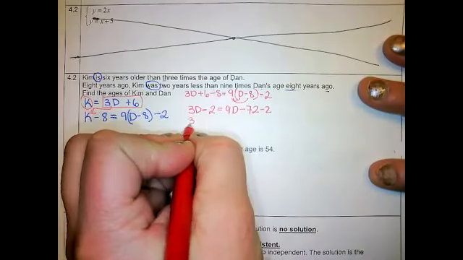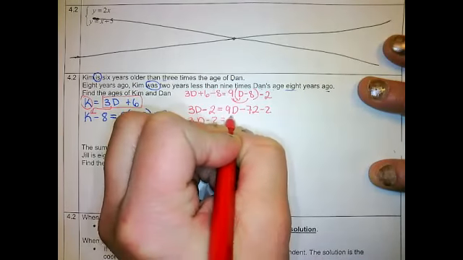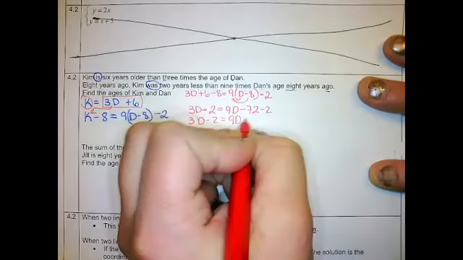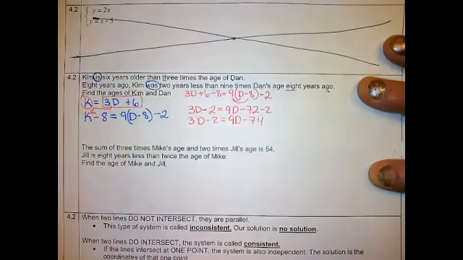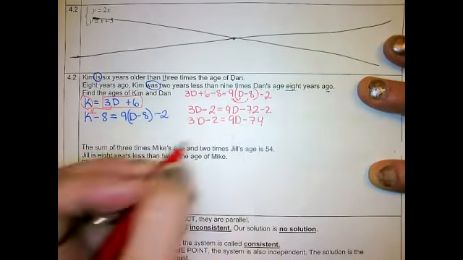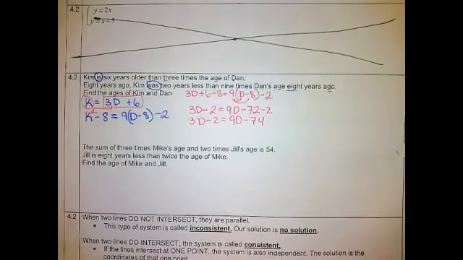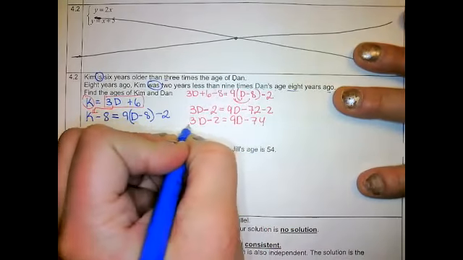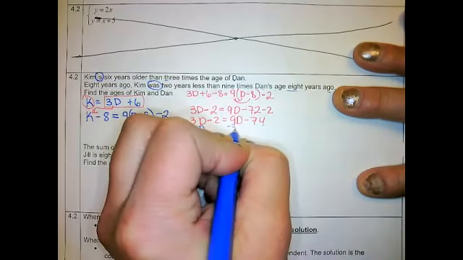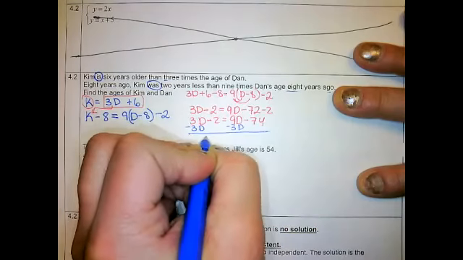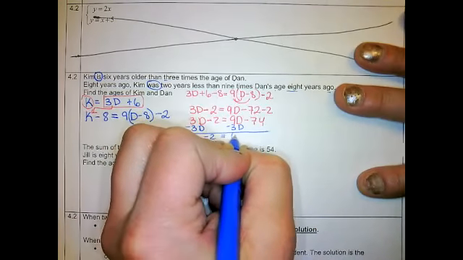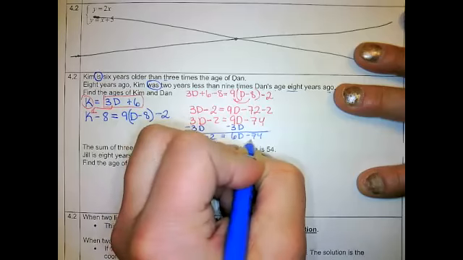Okay, so now I can continue. 3D minus 2 equals 9D, and -72 minus 2 is -74. And now I'm going to have to move my D's to one side and my numbers to the other, and it doesn't matter which side. I'm just going to subtract 3D from both sides. So I get -2 equals 6D minus 74.